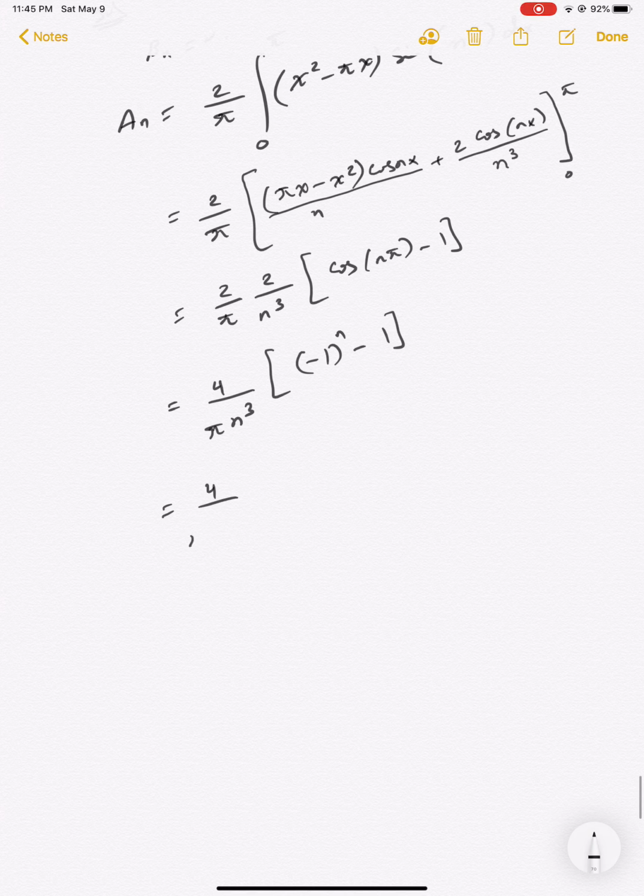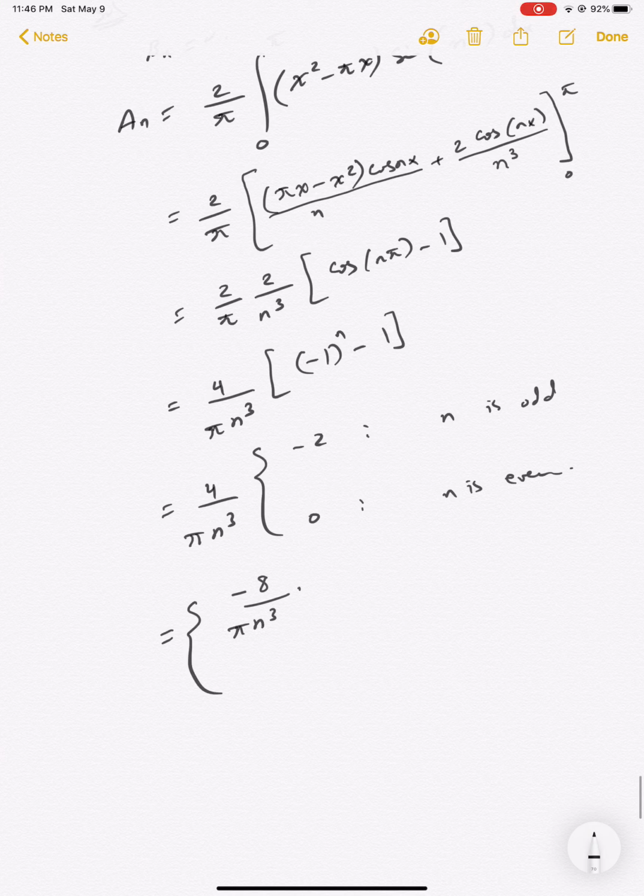This is negative 2 when n is odd, and this is 0 when n is even. So in fact, the summary is negative 8 over pi n cubed when n is odd, and it is 0 when n is even.